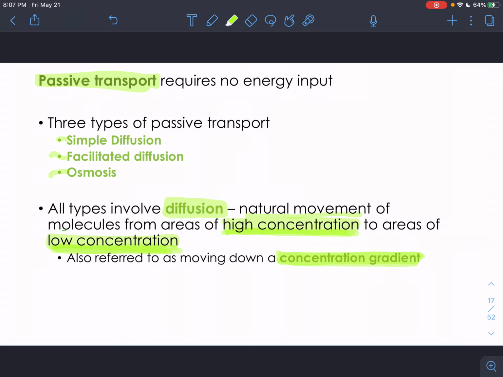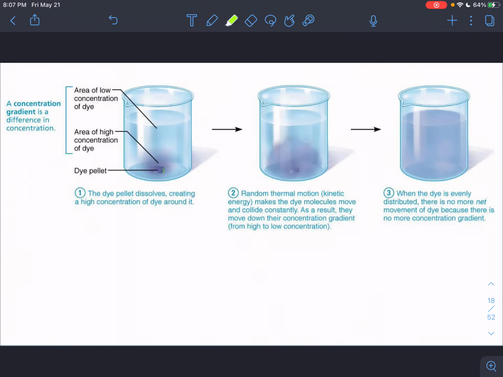Okay, so all three, again, passive, you need no energy. It's just the concentration gradient and the desire for the molecules to want to spread out that allows the molecules to move in or out of the cell.